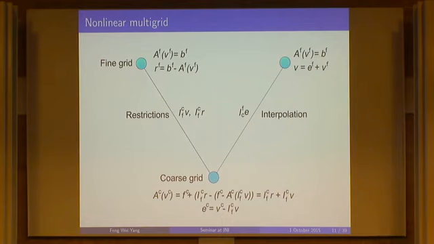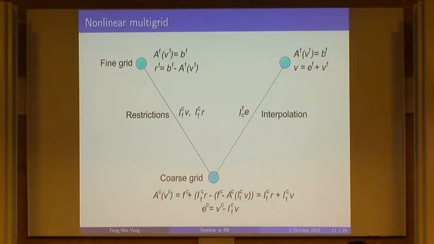Anyway, it should be very easy to see how we form a coarse grid problem by using a restricted residual and a restricted solution that we computed on the fine grid, and then we can compute the solution on the coarse grid, vC. Sorry, the notation: F is fine grid and C is coarse grid.